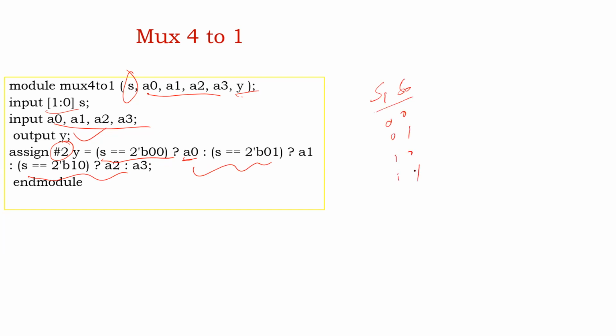If 0 0, A0 will be the output. The next one A1, next A2, next A3, like this. Here it first checks this condition. If 0 0, and it is true, then the output is A0.